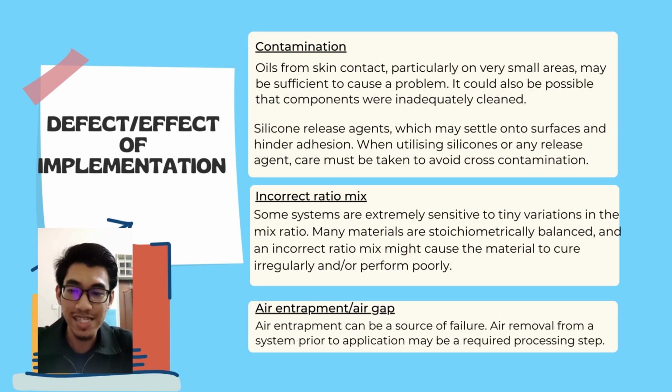Contamination from dirty substrates is a clear risk, but contamination can also occur accidentally. Oils from skin contact, particularly on small areas, may be sufficient to cause a problem. It is possible that the components were inadequately cleaned.